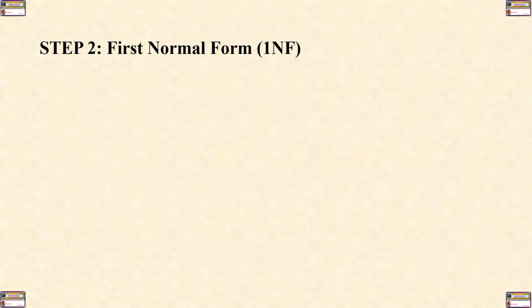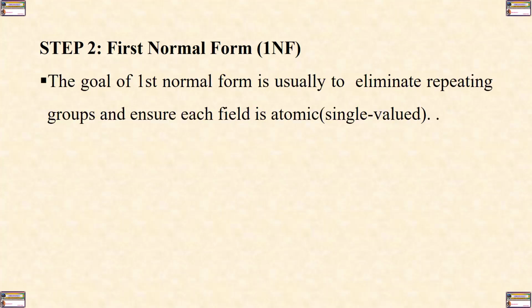Once you have your unnormalized data that you have looked at, the next step, which is the first stage in normalization, is to reorganize or restructure our data into what we call the first normal form. So what did we do in the first normal form?